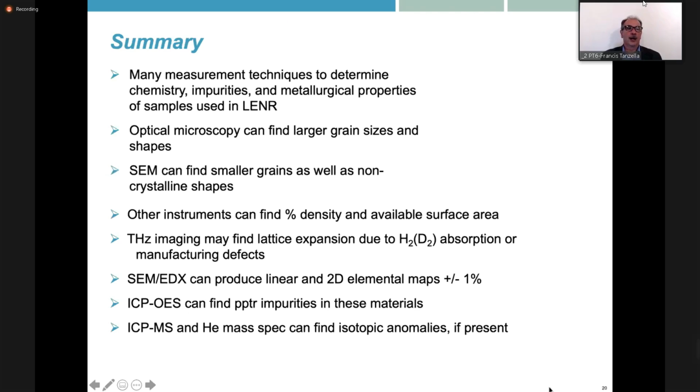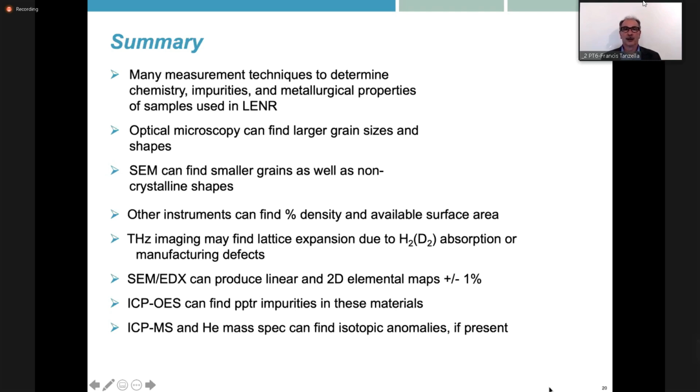In summary, I hope that I've shown you the value of these physical and chemical analysis techniques in documenting your better materials versus those less successful materials that you've tried. Optical and electron microscopy and terahertz imaging can tell you about the metallurgy of metals and metal ceramic composites.